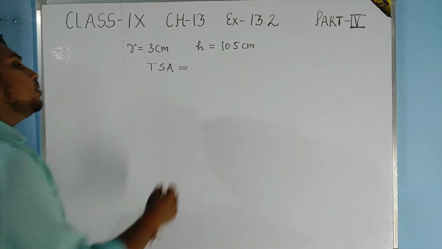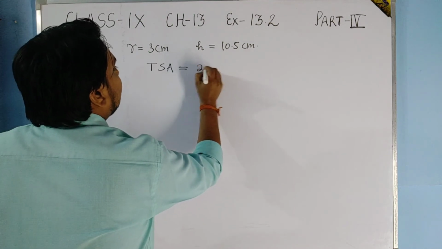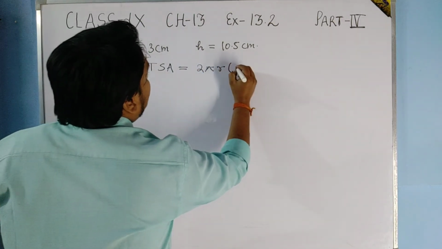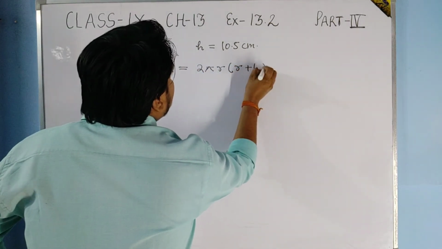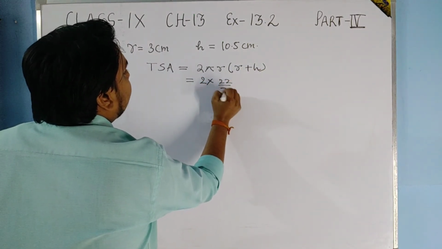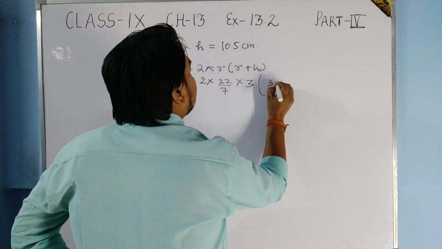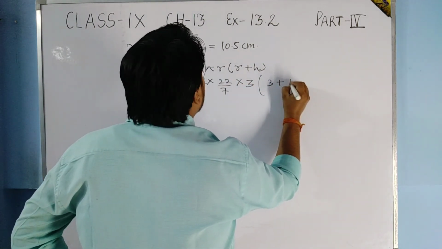Okay, so cardboard required is the total surface area. The formula for total surface area is what? 2 pi r times r plus h. Okay, so it is 2 into 22 by 7. R is what? R is 3, and here 3 plus 10.5.